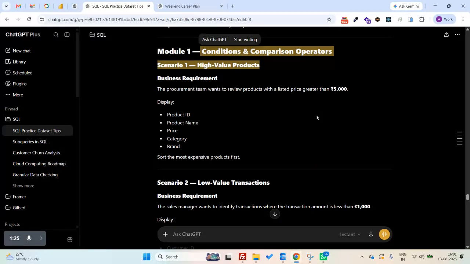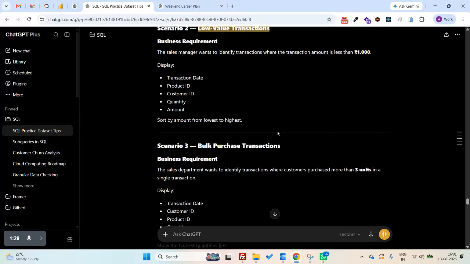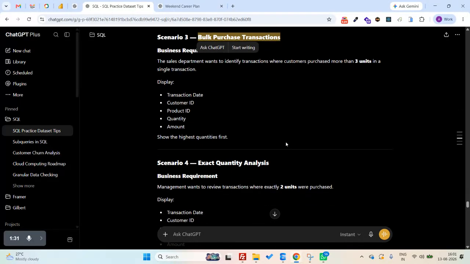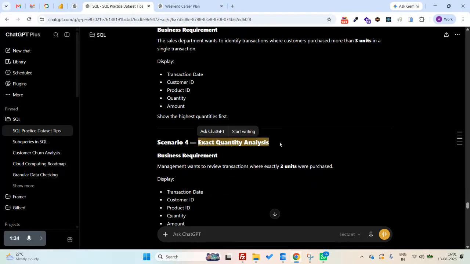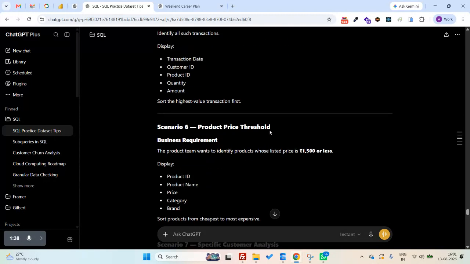Conditional and comparison operators, low value transactions, bulk purchase transactions, exact quantity analysis, premium transaction review, everything. Basically, I am keeping myself in that condition where I don't need to think much before analyzing the query, analyzing the data.